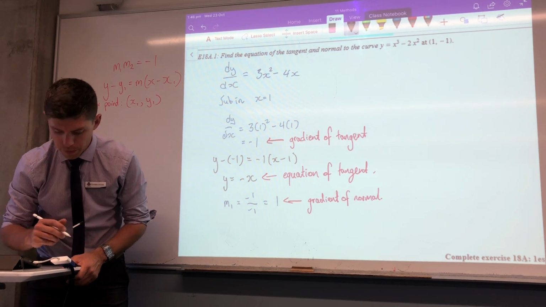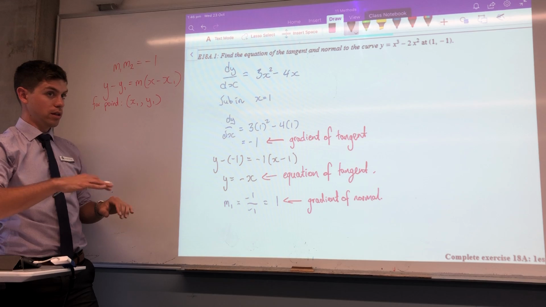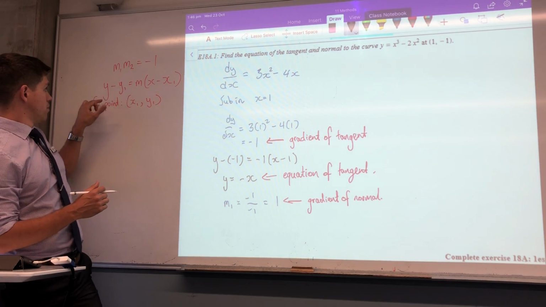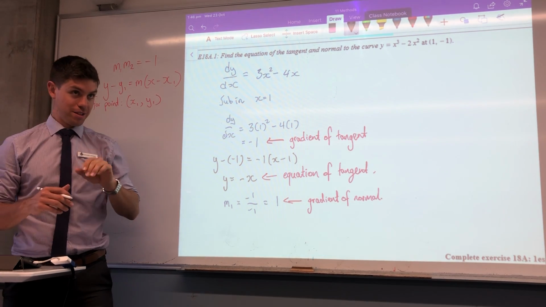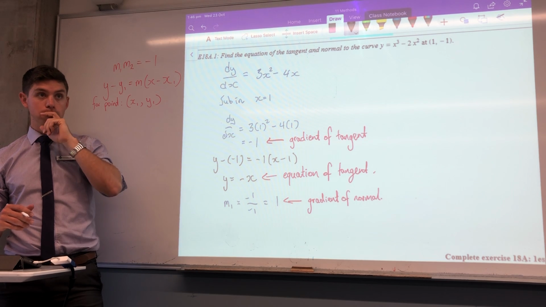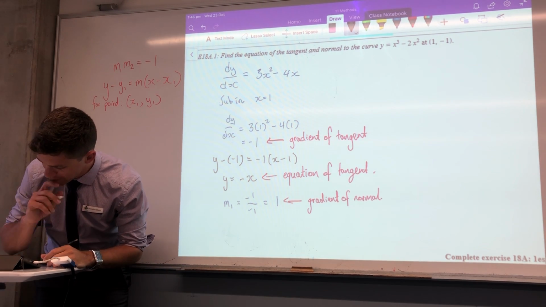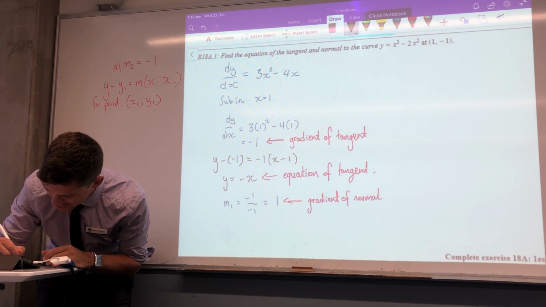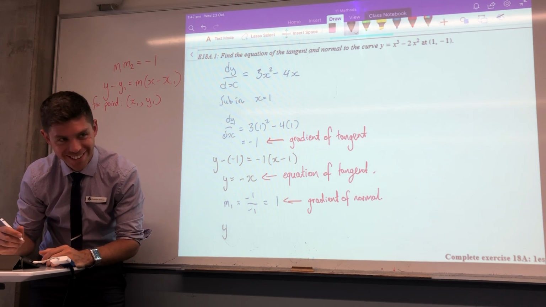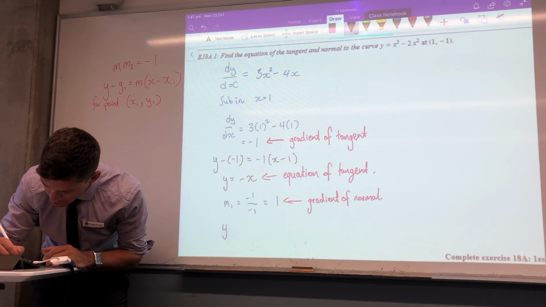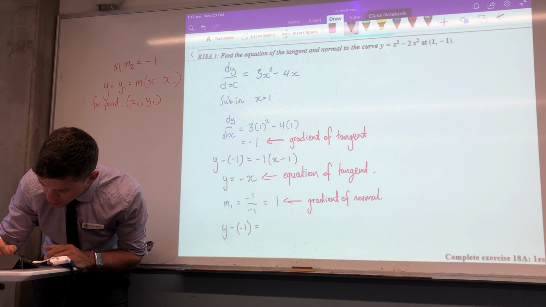So then we once again use that same point, but the second gradient in our formula for obtaining a straight line formula. y minus negative 1 equals positive 1 this time, x take away 1.